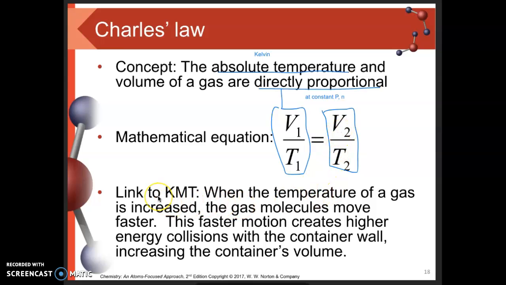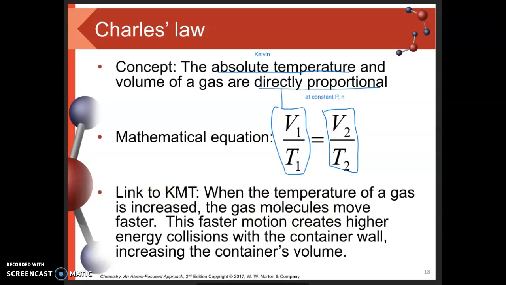And taking this back to kinetic molecular theory, again, it should make sense. We're increasing the temperature, the gas particles are moving faster, they're going to collide more frequently with the container wall, and that's going to cause the walls of the container to expand to account for that extra energy.